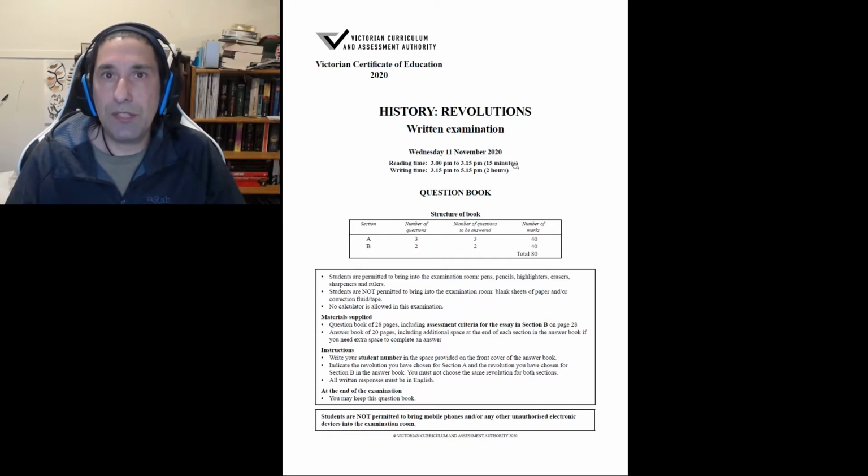In your 15 minutes reading time, you look through both section A and section B, and you look at the questions on the Russian and the Chinese revolutions in both sections, and you read through the extracts, and then you decide from that which revolution you're going to do for section A and which revolution you're going to do for section B. Remembering that if you do one revolution in section A, then you must do the other revolution you have studied in section B. So if you decide to do the Russian questions in section A, then you must do the Chinese questions in section B. So let's get into it and have a look.